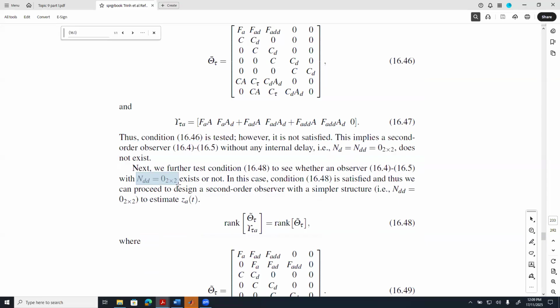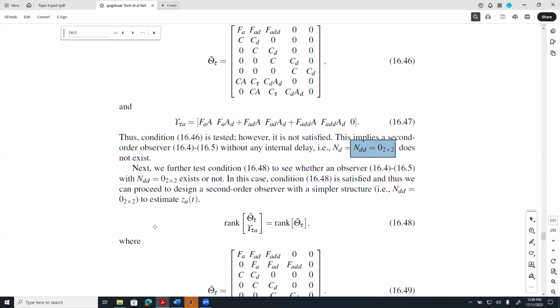So we can just say, let's pick ND, and let's make NDD equal to zero. So this is the reference structure of the observer. The case where NDD is zero means that ND is non-zero. So we're dealing with the stability of a time delay system with a smaller time delay. That's exactly what it is.